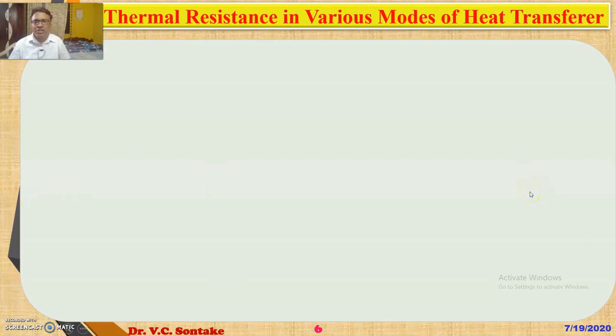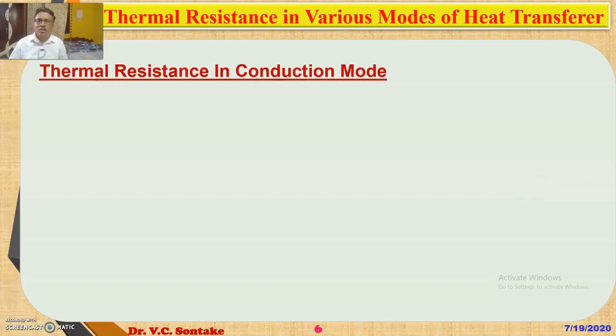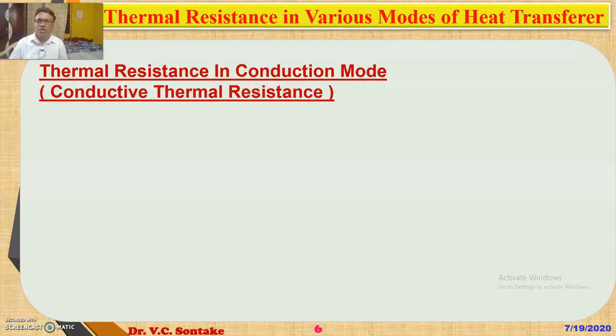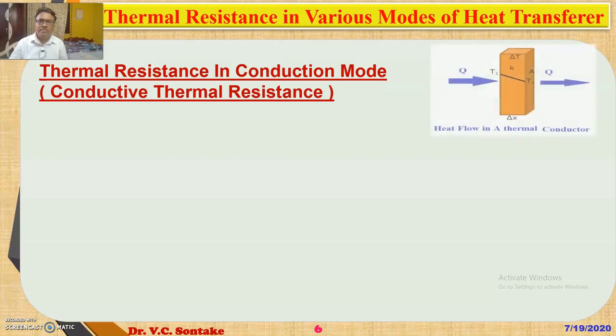Let us first consider heat transfer by conduction mode. So we will try to find out thermal resistance in conduction mode, also called conductive thermal resistance. In order to do so, let us consider a thermal conductor where heat transfer is taking place by virtue of temperature difference from left face to right face.